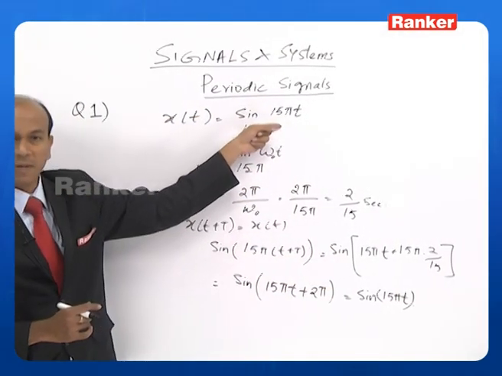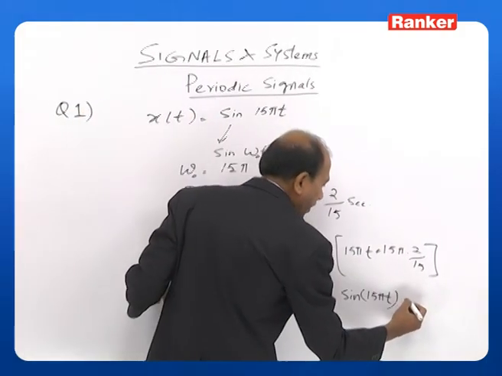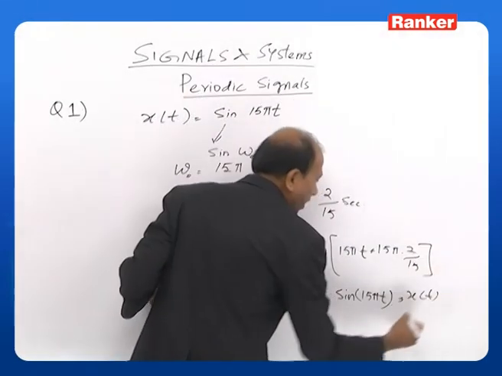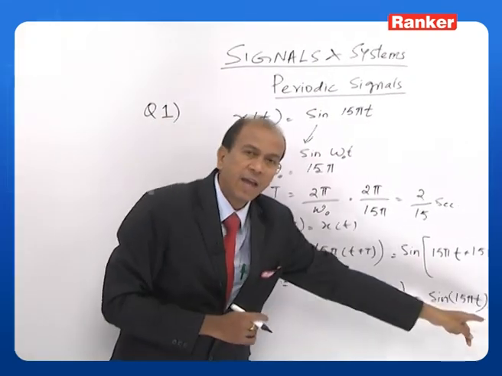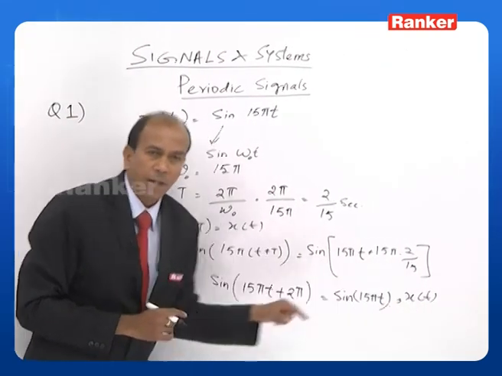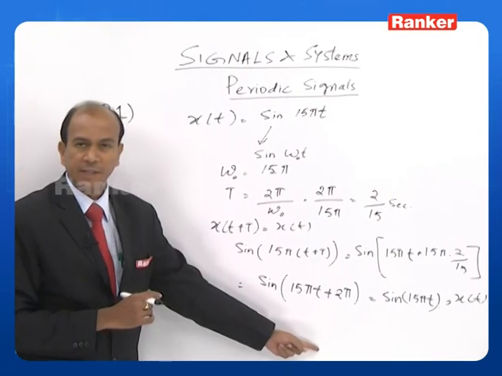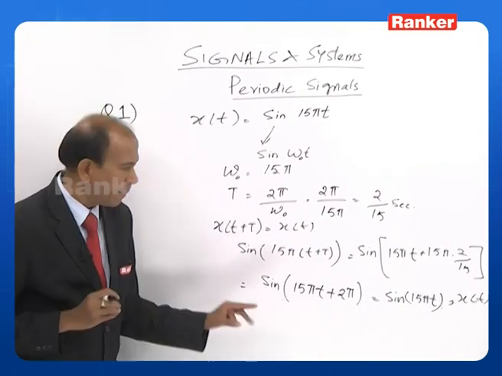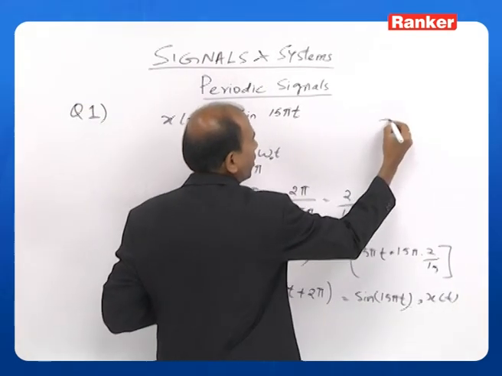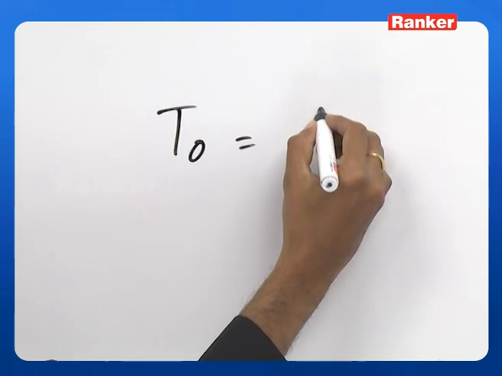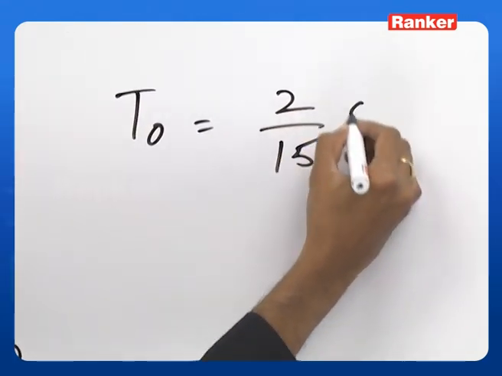This value is nothing but this. So, this is equal to again what? This is x of t. So, we have started with x of t plus T and proved that this is equal to x of t. Okay. So, this is a periodic signal, but what is the time period of this signal? Fundamental time period of this signal is how much? T naught is equal to 2 by 15 seconds.